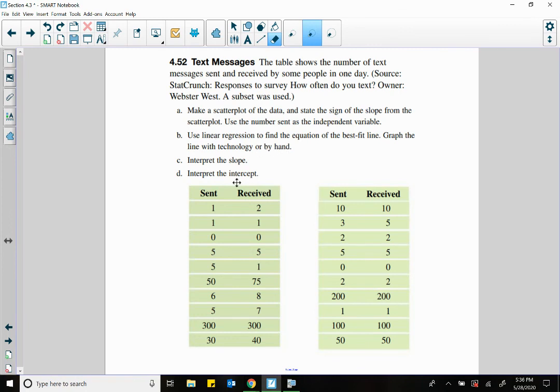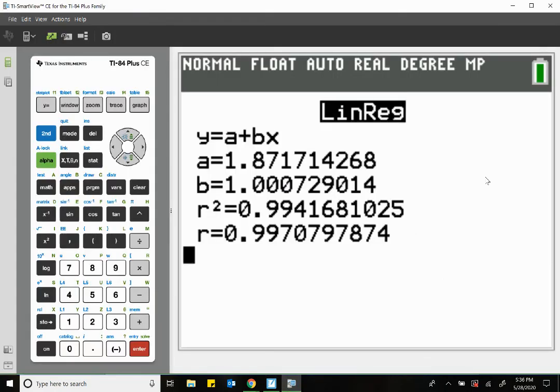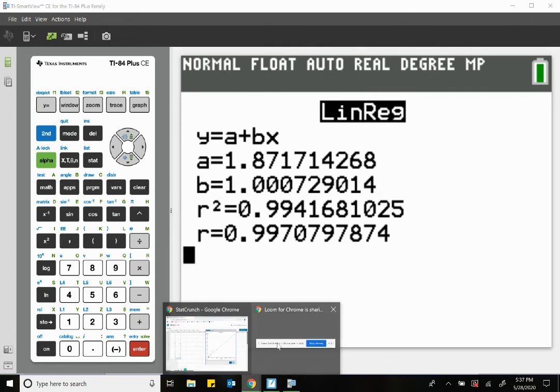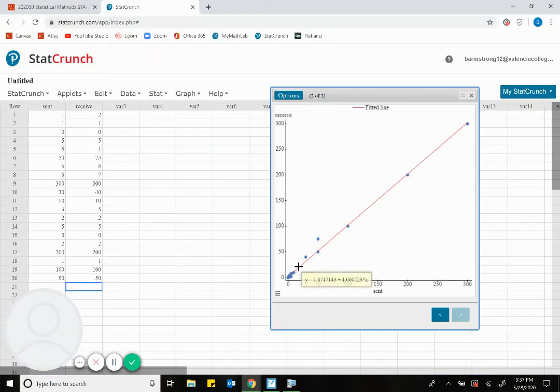So what do they want us to do? They want us to write the linear regression, and it says graph the line with the technology. Well, if you are doing this in the calculator, you can do this. I think it's a little bit cumbersome to do this. I like doing it in StatCrunch because, oh, look, it's already done.